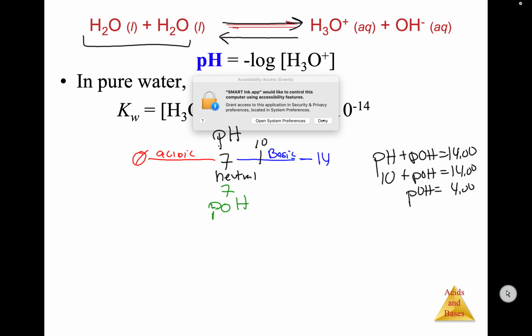So my pOH then would be 4. This is my basic region, down to 0. If I have a pH of 14, I've got a pOH of 0, right? That is still basic. So a low pOH is basic.